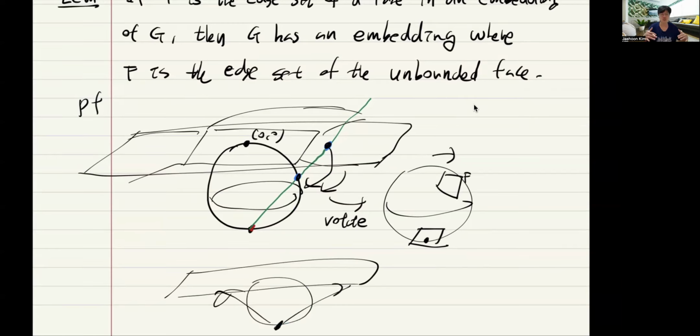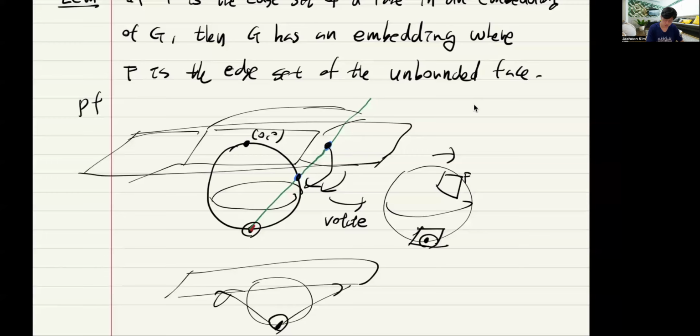You project back to the plane. And now what happened? The edges or vertices do not cross this south pole, so nothing is mapped to infinity. Every point on this embedding maps to some point on the plane.